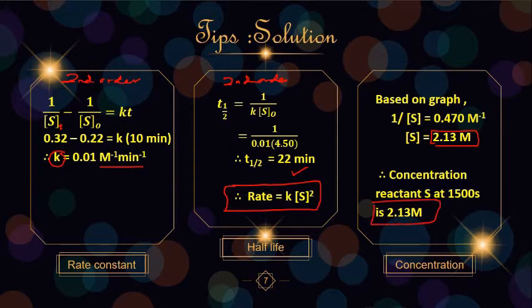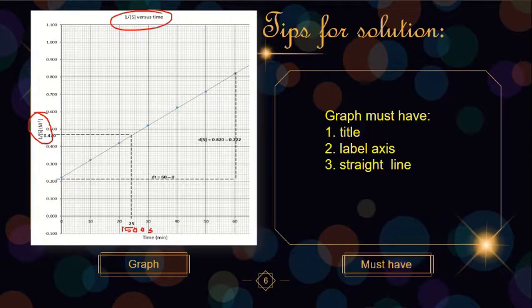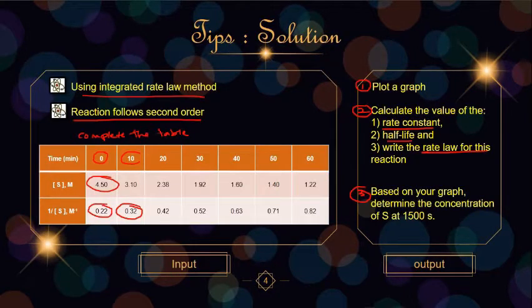Okay, so you double check: did you answer all the questions? First, you need to complete the table. Then you plot the graph and follow all the rules for how to plot the graph. You calculate the rate constant, and make sure your final answer has a unit. Then you find the half-life, and make sure the half-life also has a unit.